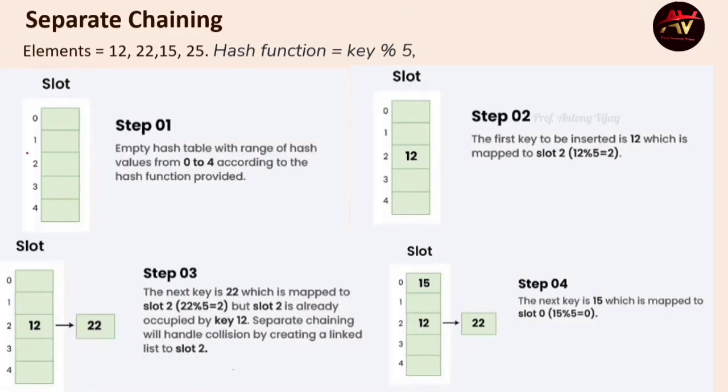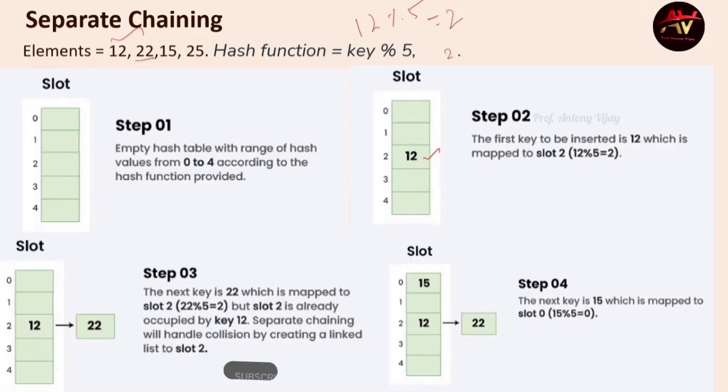So first of all, I am taking 12. 12 is applied to the hash function. So 12 modulo 5. The remainder is 2. So index 2 is occupied by 12. This process is over. Next, I am taking the second key, that is 22. 22 is applied to the hash function.